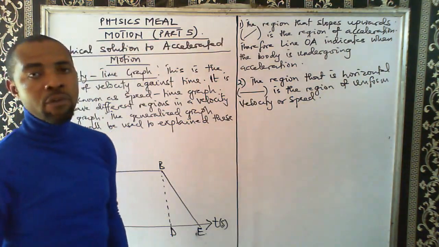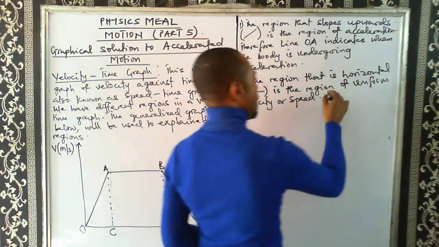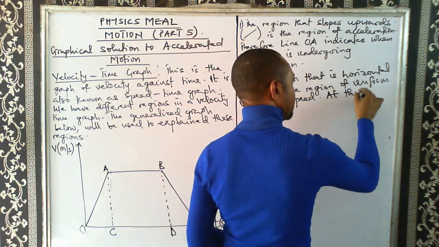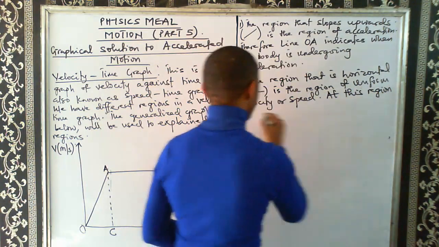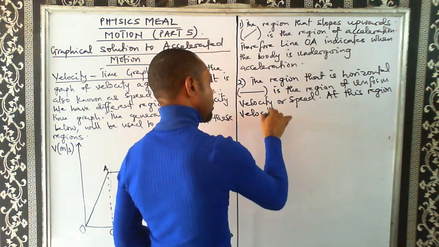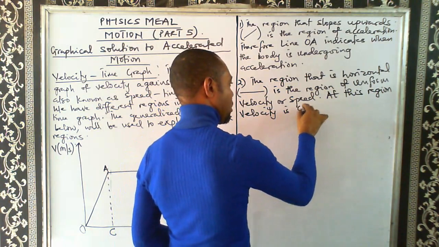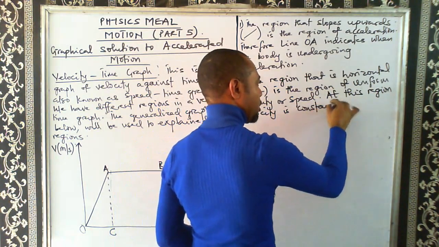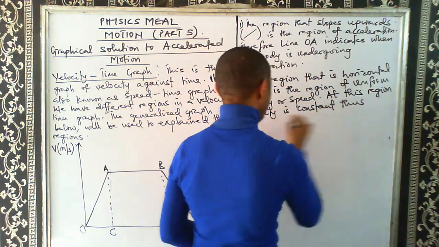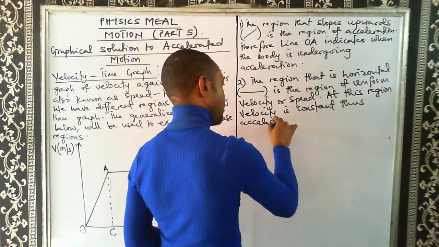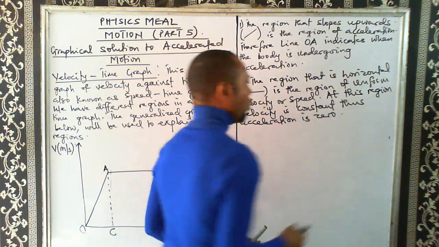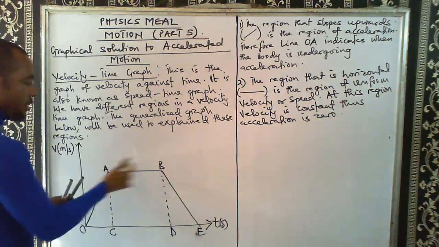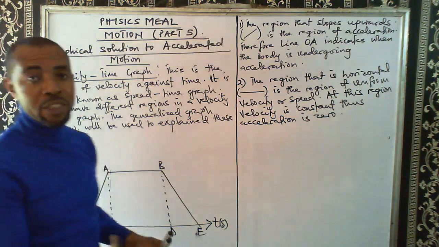At this region, velocity is constant. That means velocity is not changing. Thus, acceleration is 0. So at this region, we don't have acceleration. Acceleration becomes 0 because velocity is not changing.